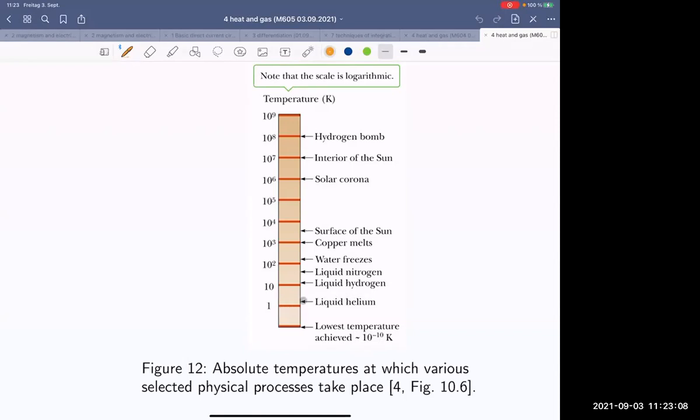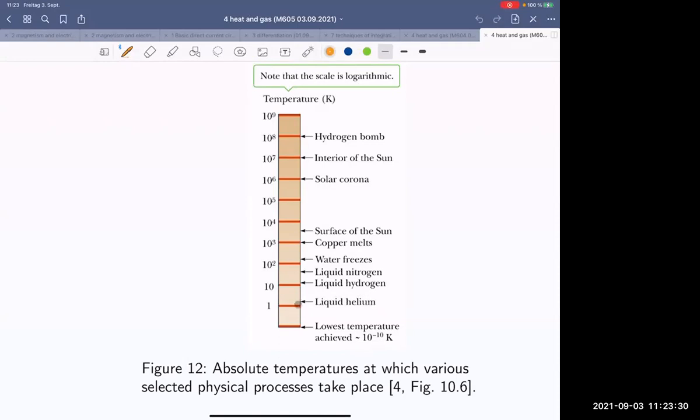We have helium. Helium is usually a gas, right? It's an inert gas. At 2 degrees Kelvin, helium changes its phase from gas to liquid.